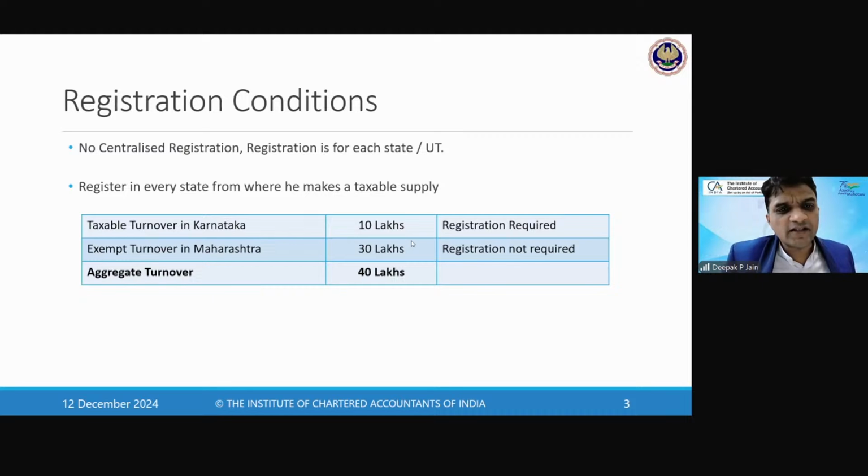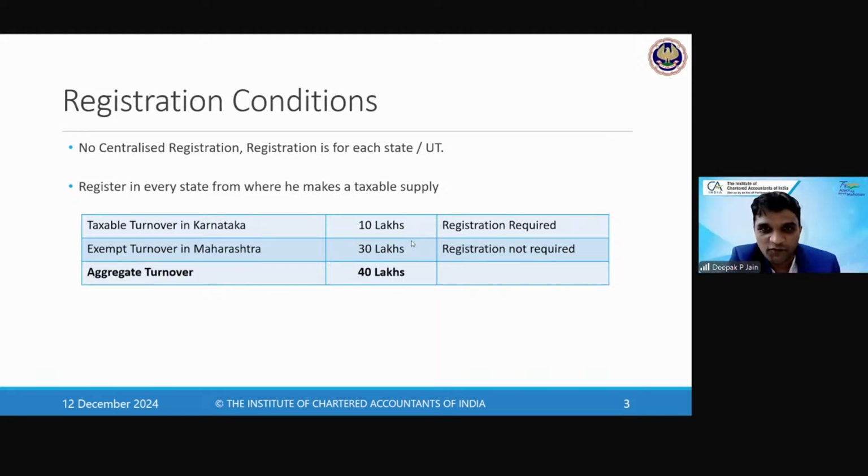Why do you think I have mentioned turnover in Karnataka? It's just 10 lakhs, not even touching the threshold limit for services. And still, I've told registration is required. In future, it may increase the turnover.